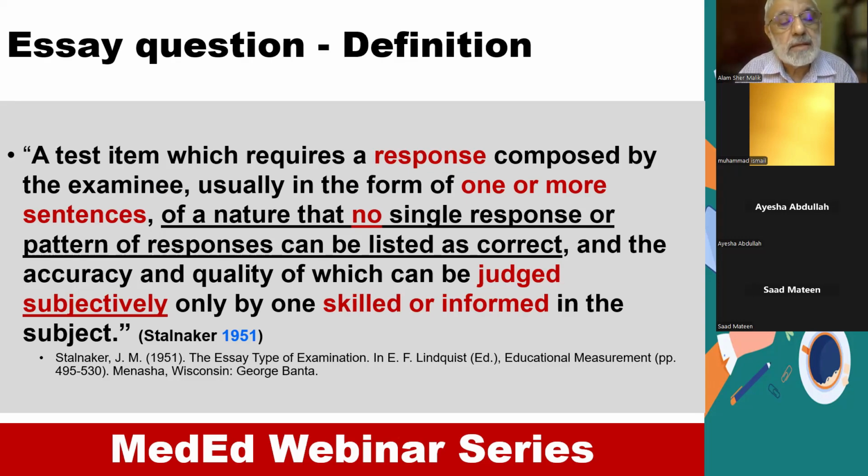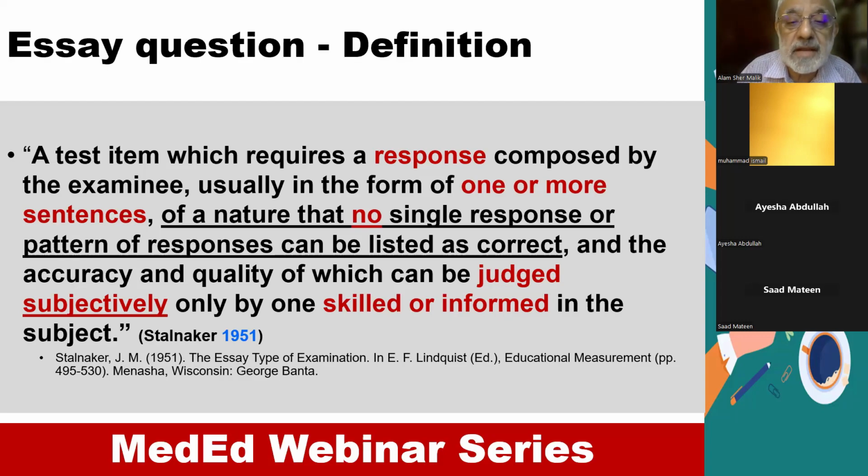The second part is of a nature that no single response or pattern of responses can be listed as correct. Now, this means that this definition is mainly related to opinions, discussions, where there is no single correct answer.